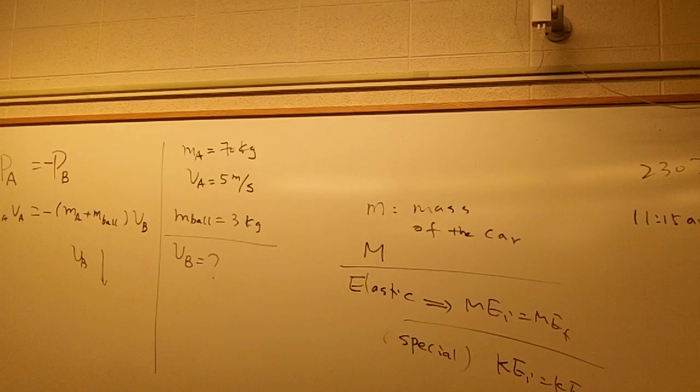And then on the left hand side you have 70, 70 times V_A, which is 5. Times, not divided by, multiply by. Exactly, 5 equals 73 V_B. And then you can solve for V_B. Divide by 73. Did you get it? Negative 4.7. You got the same result?